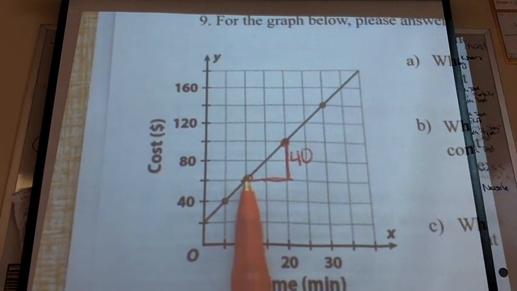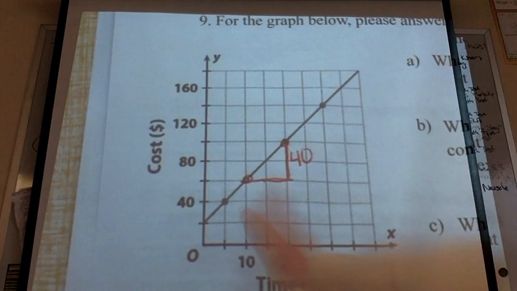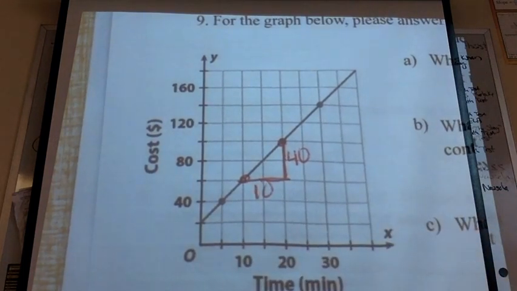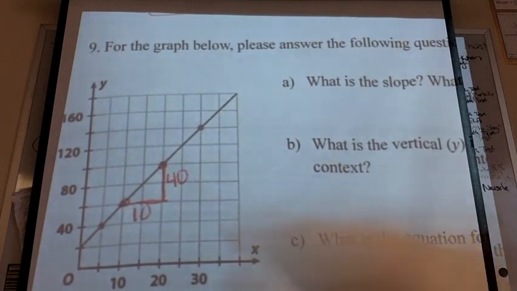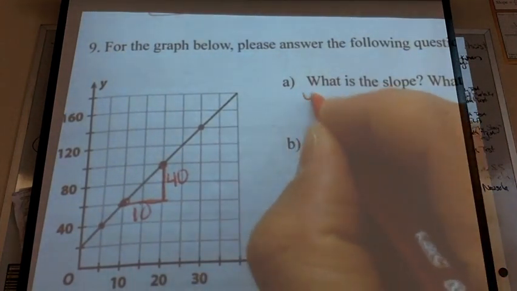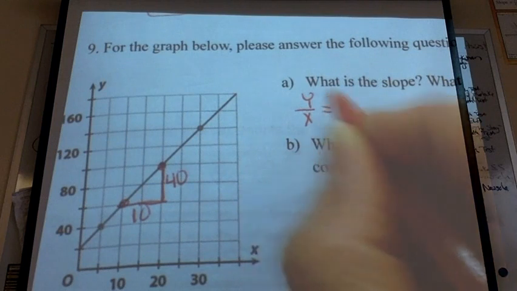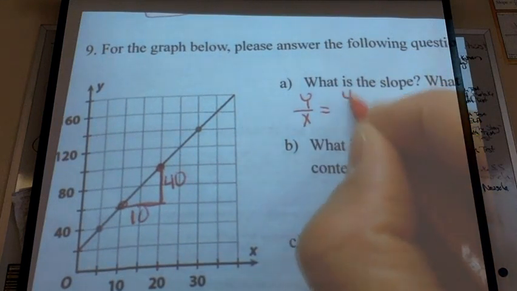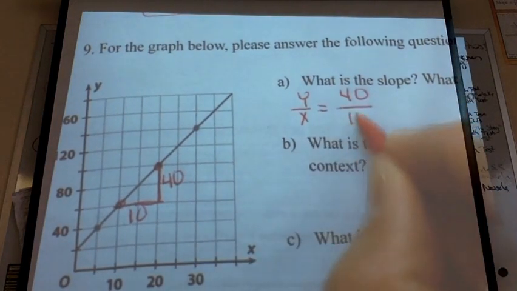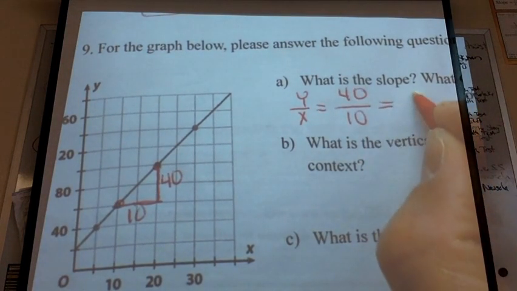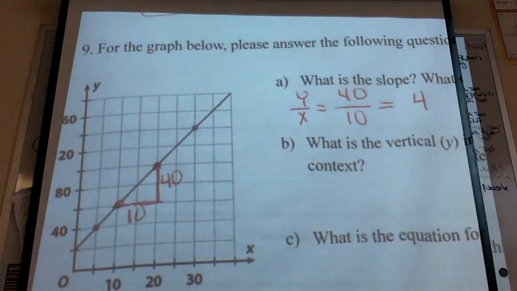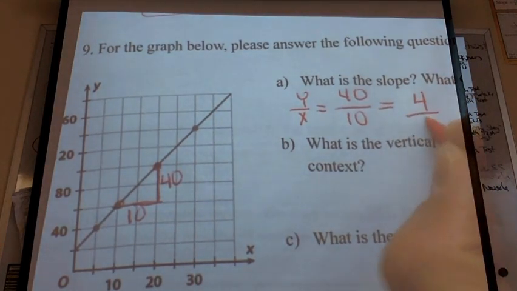Each line represents 5, so we have a horizontal distance of 10. So our slope is y over x: the vertical distance is 40 and the horizontal distance is 10. 40 divided by 10 is 4. You could say 4 over 1 if you'd like.